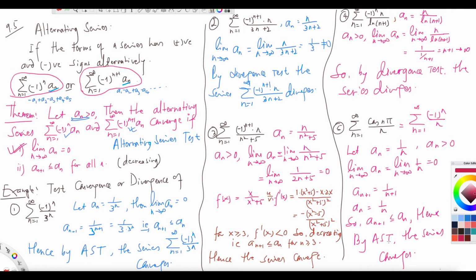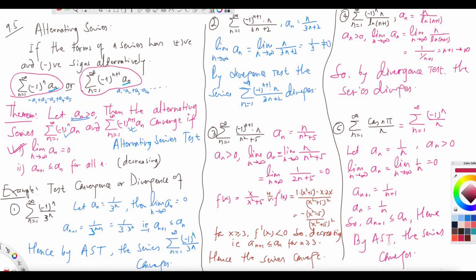You want to pick one that works with fewer steps, right? That's your goal here. So the idea is, first of all, look at whether it is a geometric series, then use the geometric series test, or use the divergence test, and then use the other types of tests. So the very basic thing is to use the divergence test and then the geometric series test. If it doesn't work, then go to the other tests. Okay, that's our goal. All right, guys.